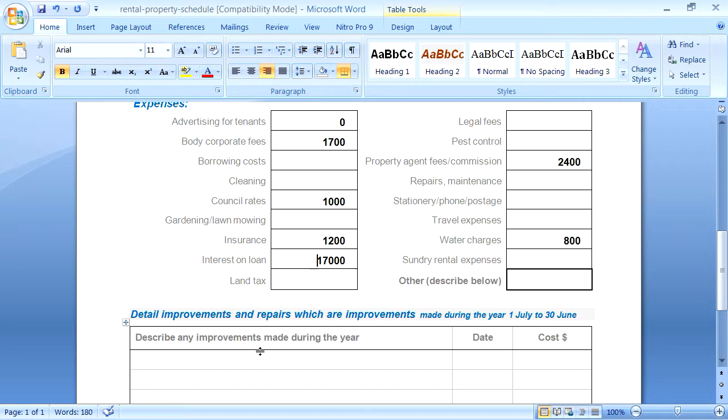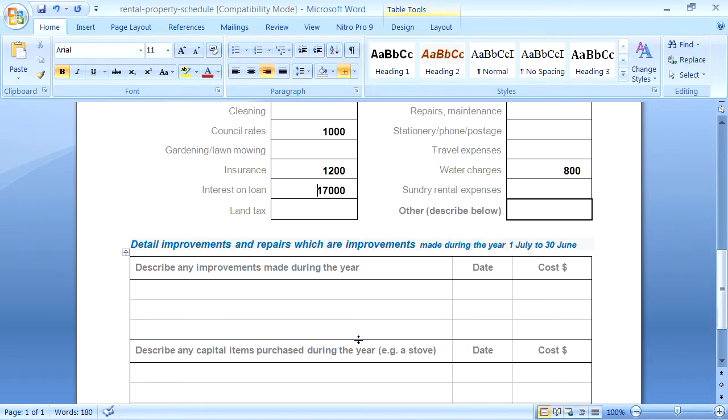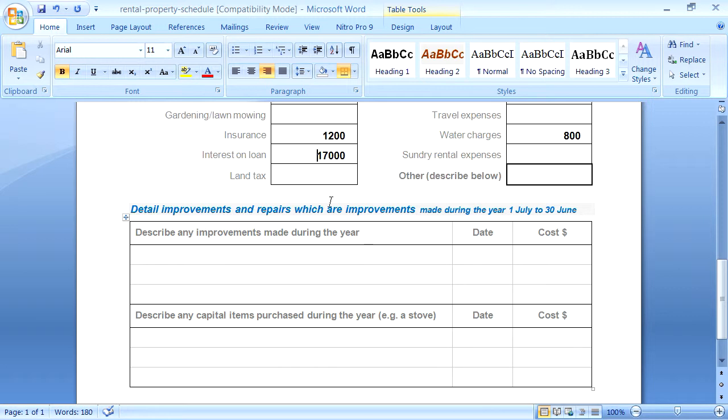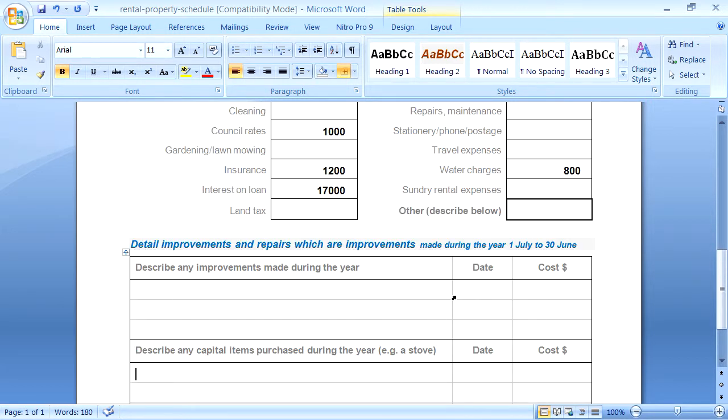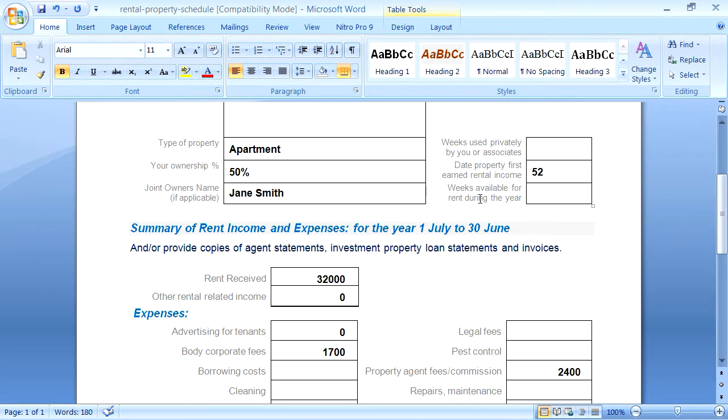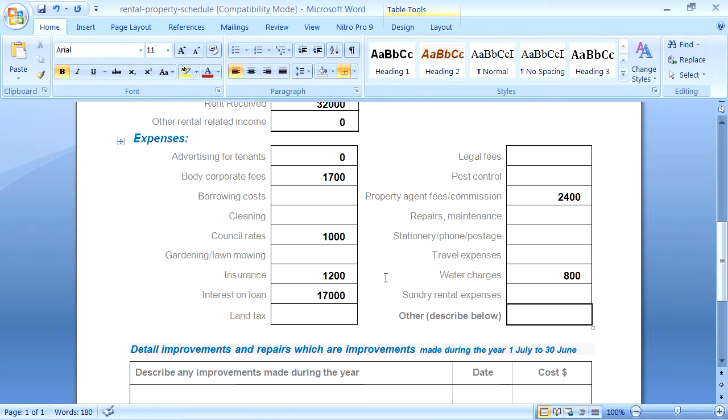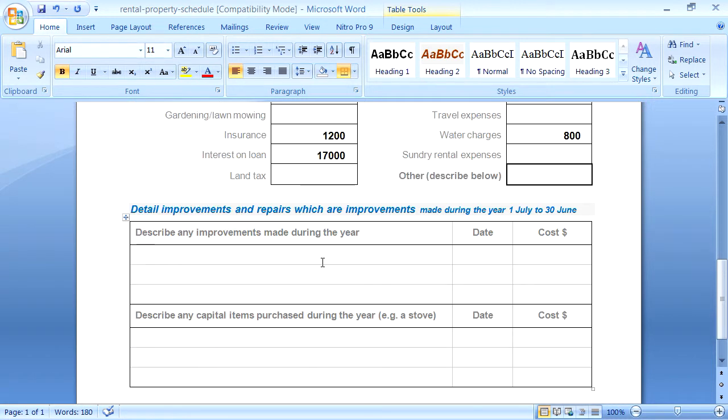And if it was expensive to have the repair conducted, then different rules can apply to how it's claimed in the tax return. So you need to itemize any improvements, any repairs, and capital items, like, for example, a new water system, or a new set of plumbing, or new carpets. Anything that you have done to improve the property, you need to let us know what it is. And that's the basic information to compile the rental property schedule within the tax return.